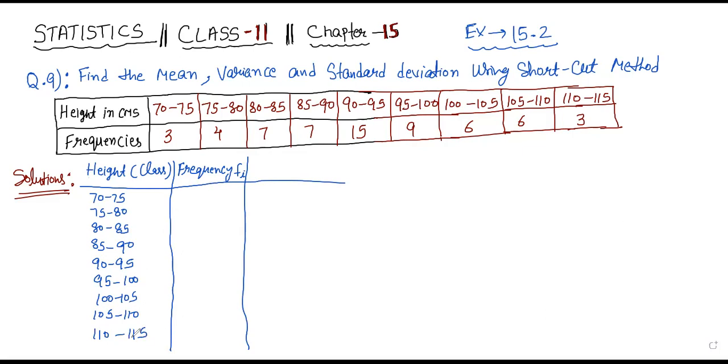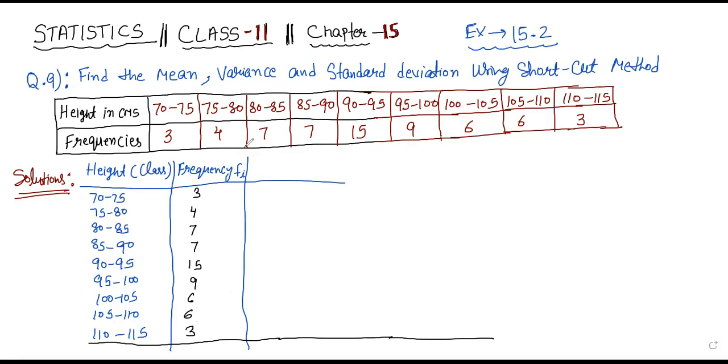Now the frequencies. The frequency data is 3, 4, 7, 7, 15, 9, 6, 6 and 3.